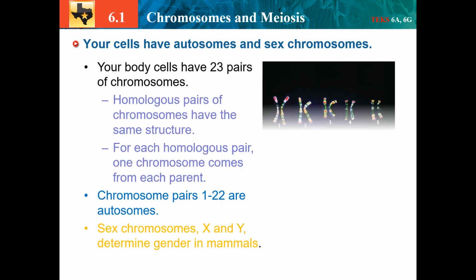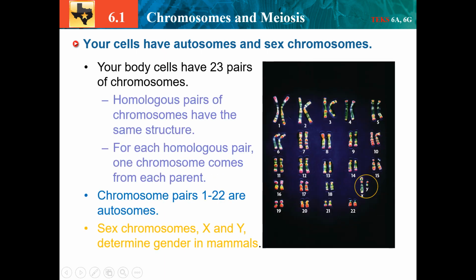So with that being said, this right here is a picture of what's called a karyotype, a human karyotype. So in the human body, we have 23 pairs of chromosomes. The first 22 chromosomes here, so from 1 to 22, are what are known as your autosomes.